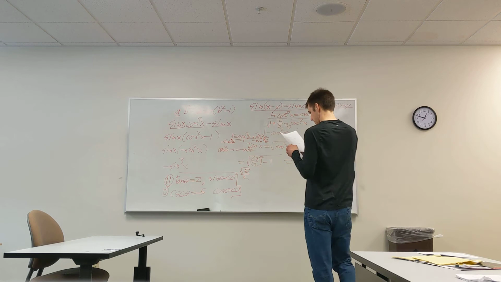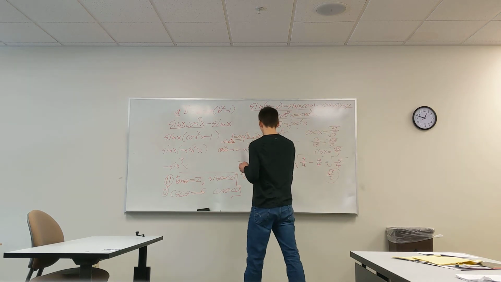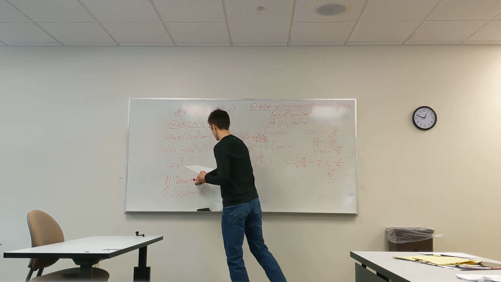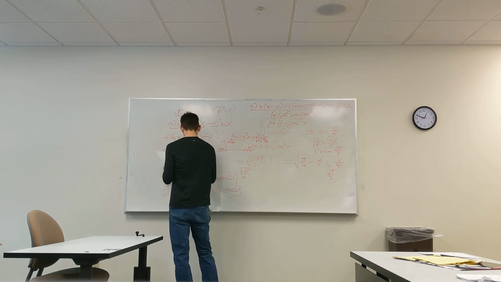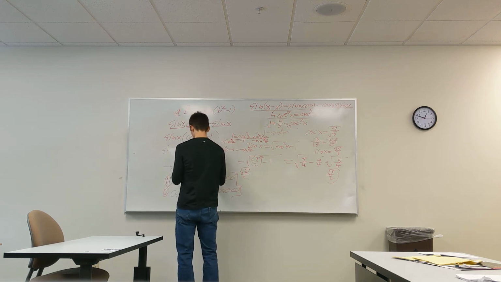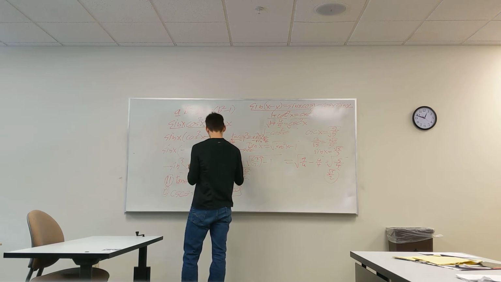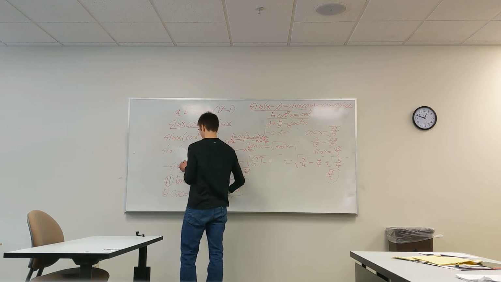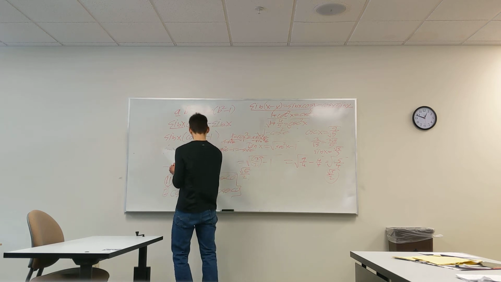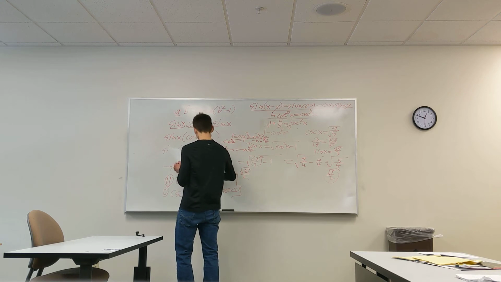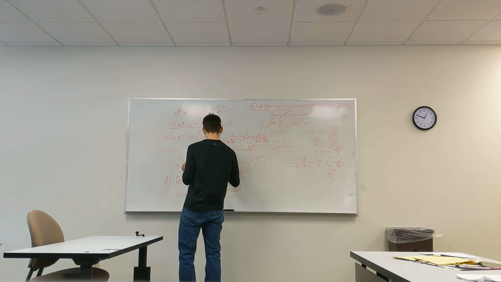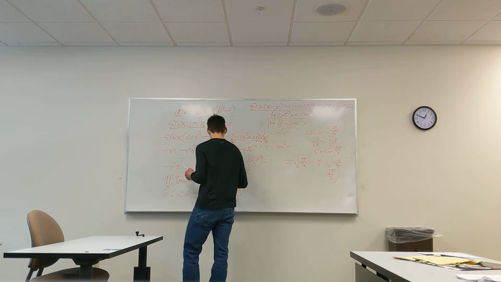This says tangent squared is 2. Well, I know secant theta is equal to the square root of 1 plus tangent squared theta, right?